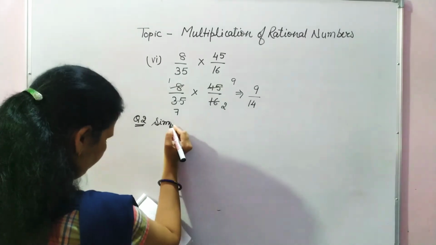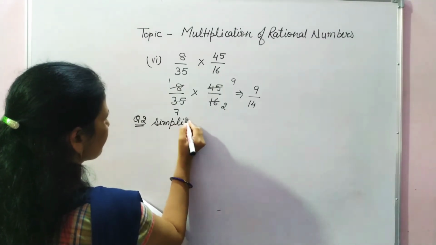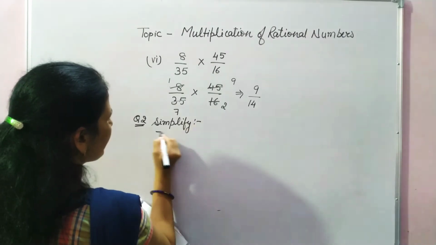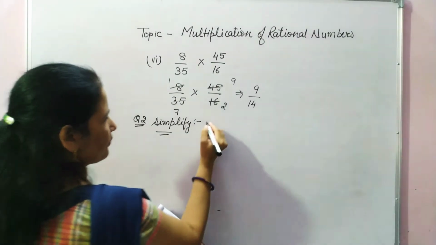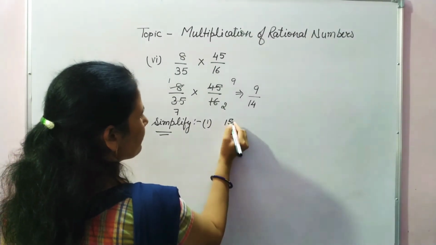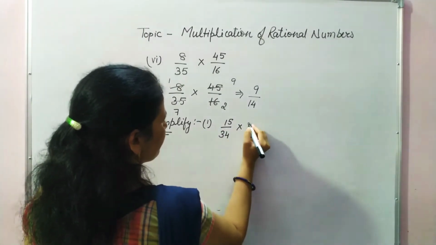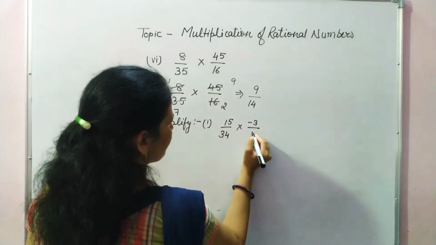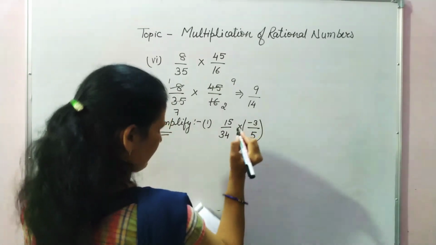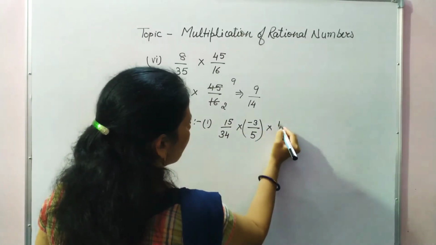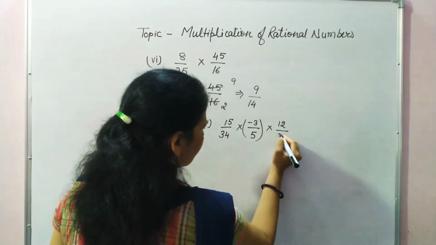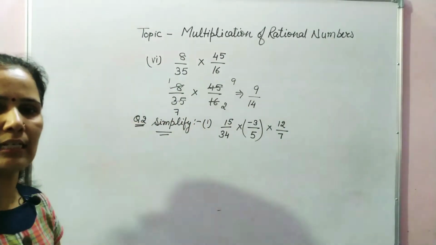Simplify. The first part: 15 by 34 multiply minus 3 by 5 multiply 12 by 7. Okay students, this is our question.